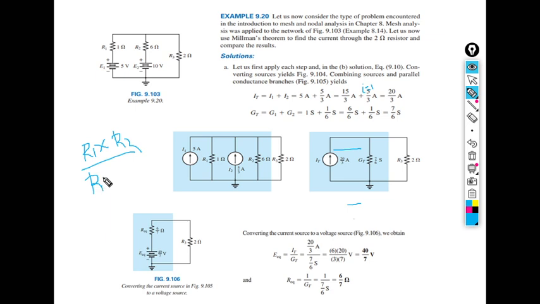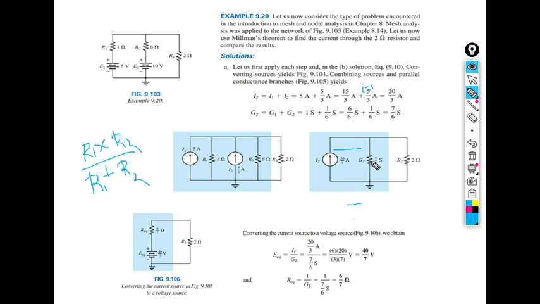But this is difficult when the number of resistances is more. In that case, you can find the G, since these are parallel. So the equivalent conductance GT is equal to G1 plus G2. So we can replace R here with GT.